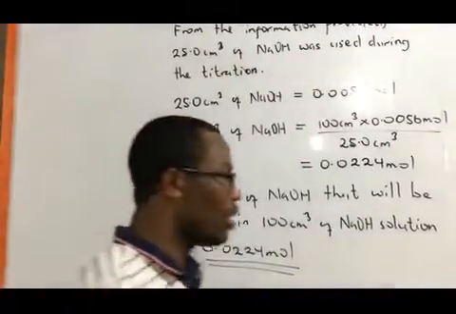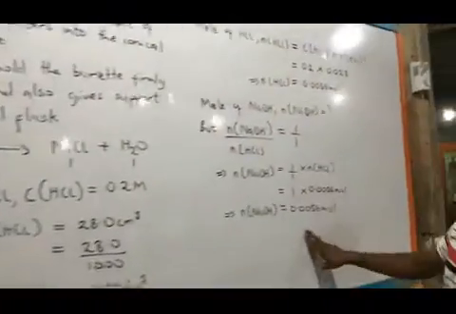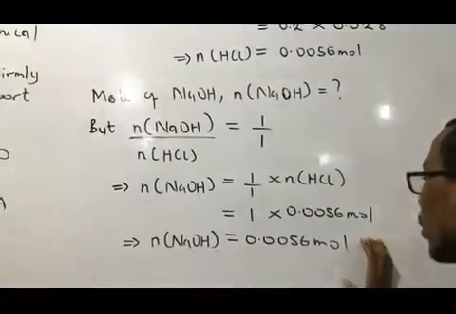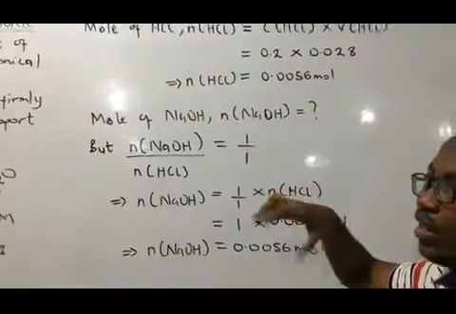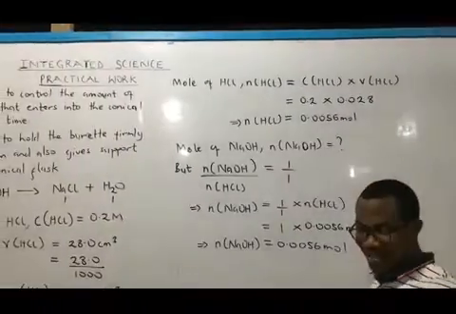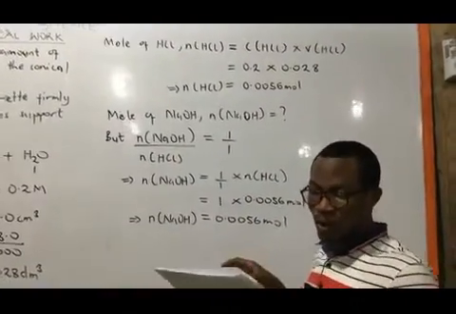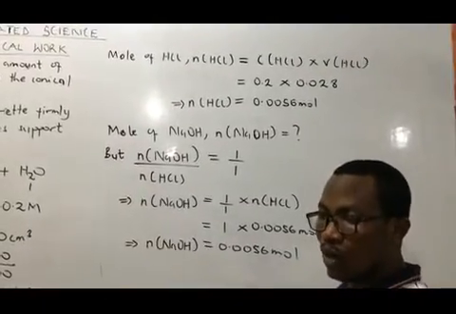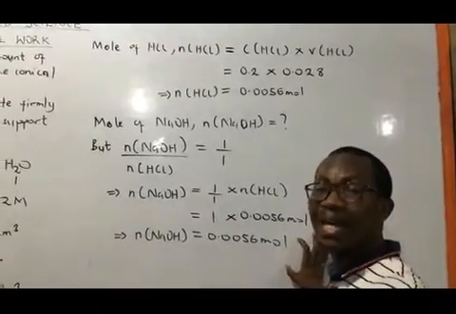Now, please, if you indicate the earlier value as your final answer, it is wrong, because that is the mole that is present in the volume used in the titration, and the volume used in titration is 25 cm³. If the question had stated to calculate the number of moles of sodium hydroxide present in 25 cm³ of the sodium hydroxide solution, then that would have been the answer.